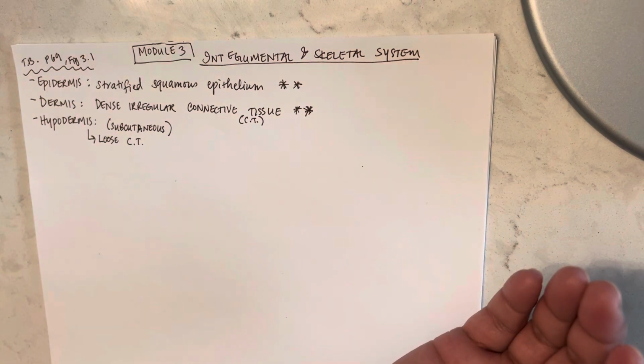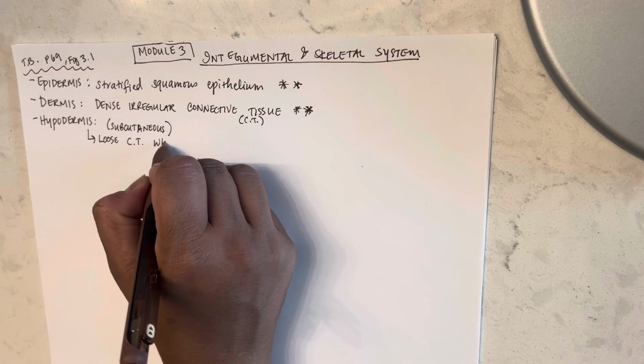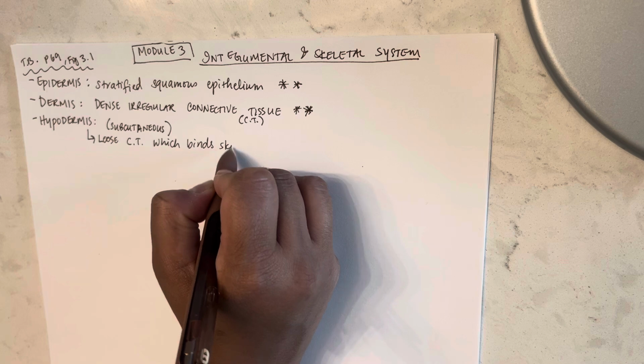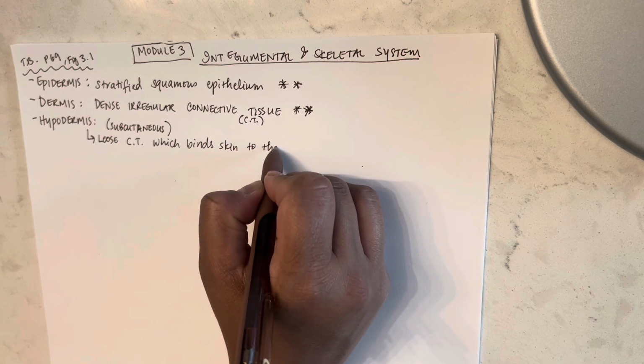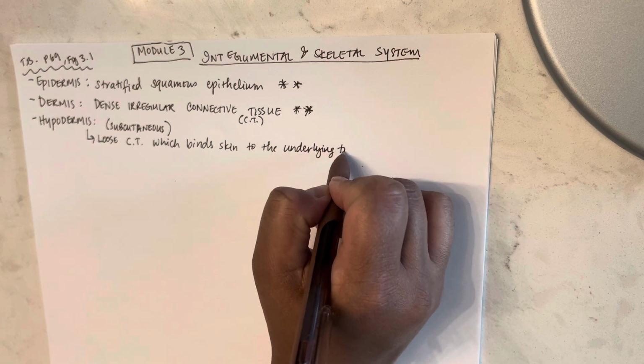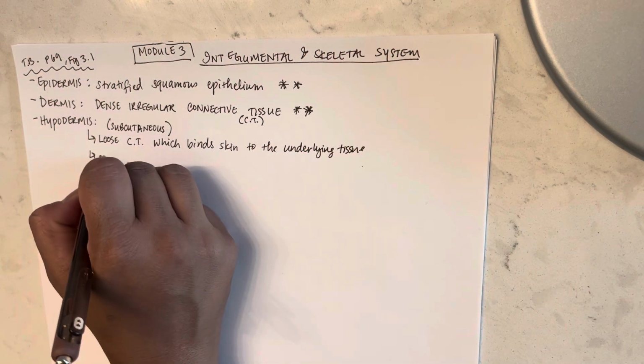What's the purpose of loose connective tissue? It helps bind skin to the underlying tissue. It provides padding and insulation.